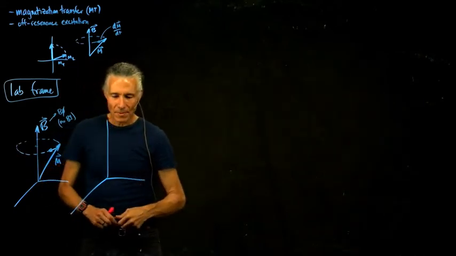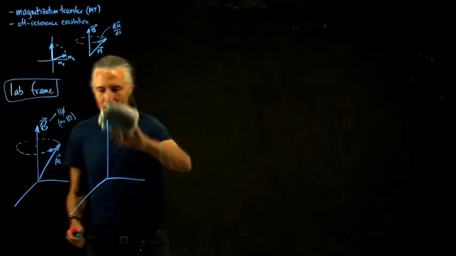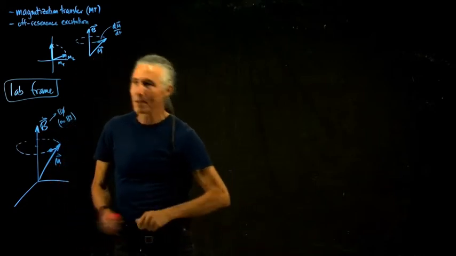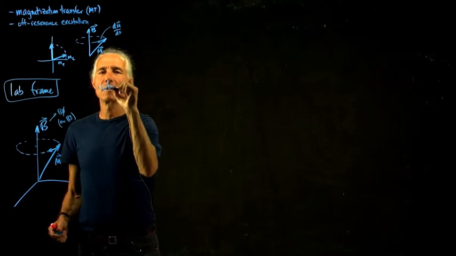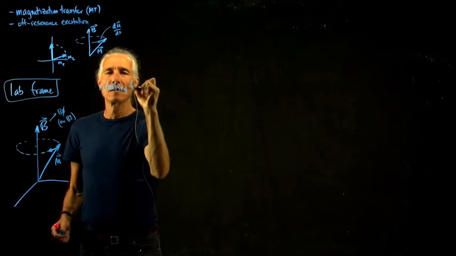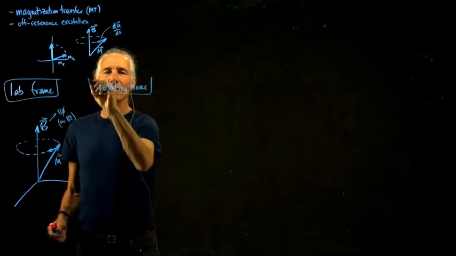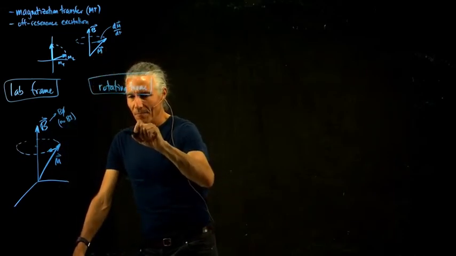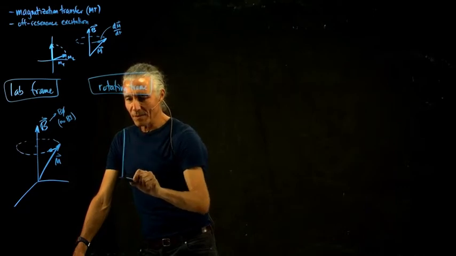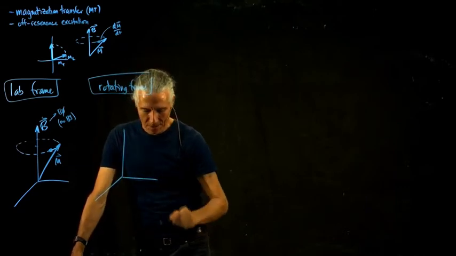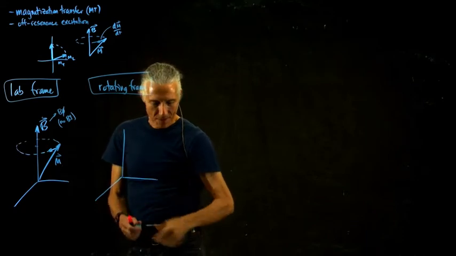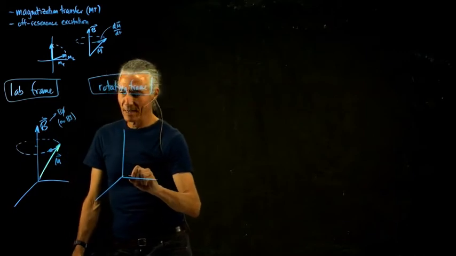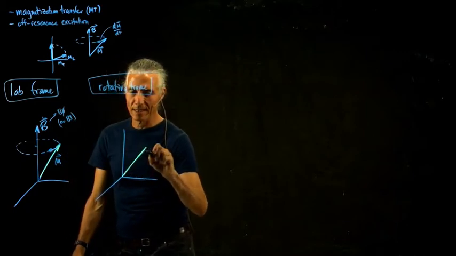So that was the lab frame. But if we go to the rotating frame, and we hit the resonant frequency perfectly, what's going to happen is, I'll draw that one in a different color, the magnetization vector will just stop in its tracks.